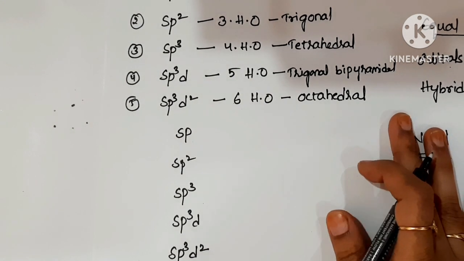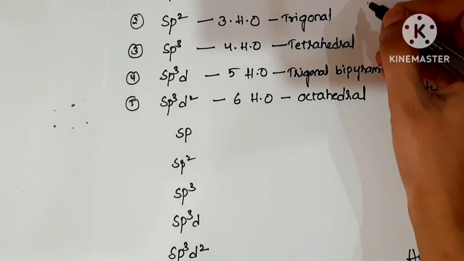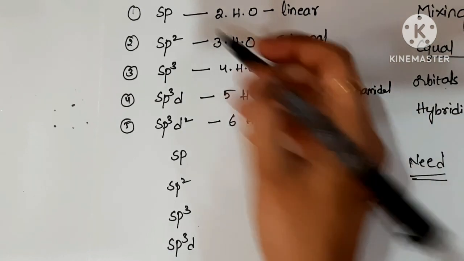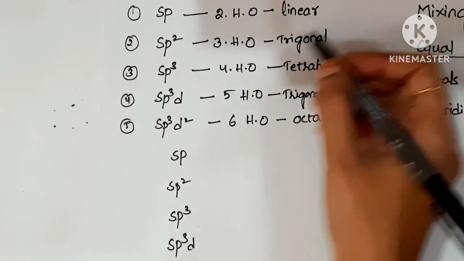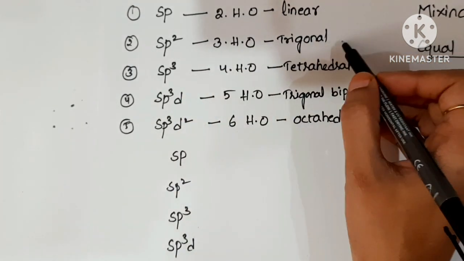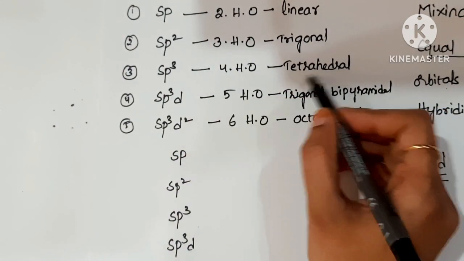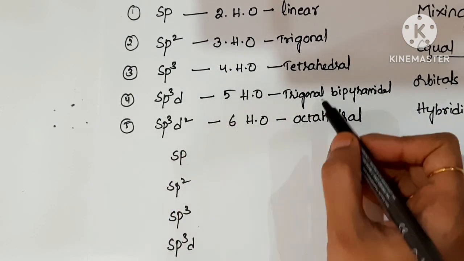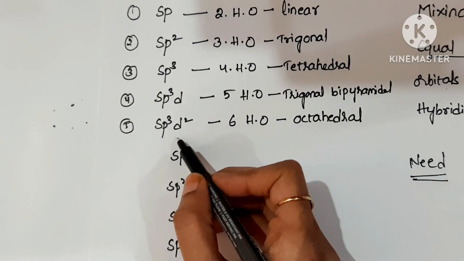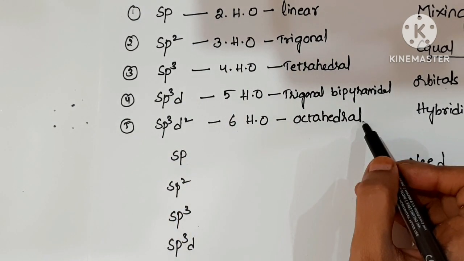So sp is linear, sp2 trigonal, sp3 tetrahedral, sp3d trigonal bipyramidal, and sp3d2 octahedral, right?